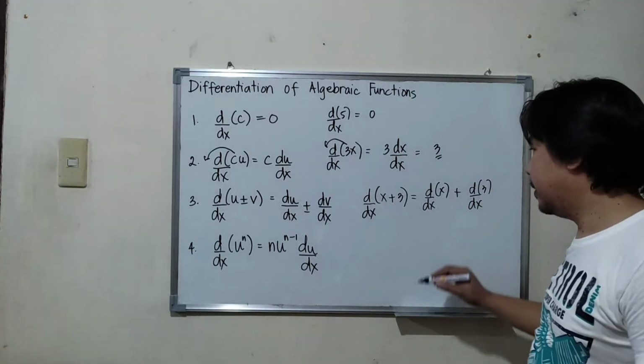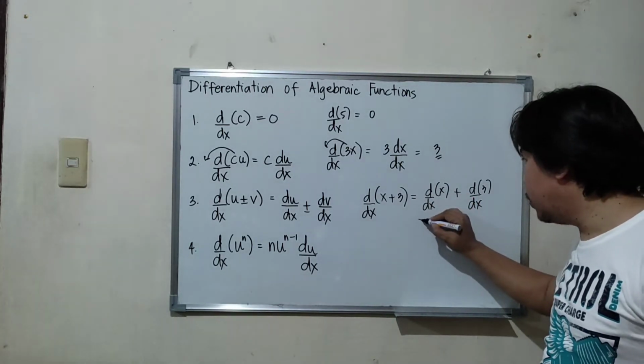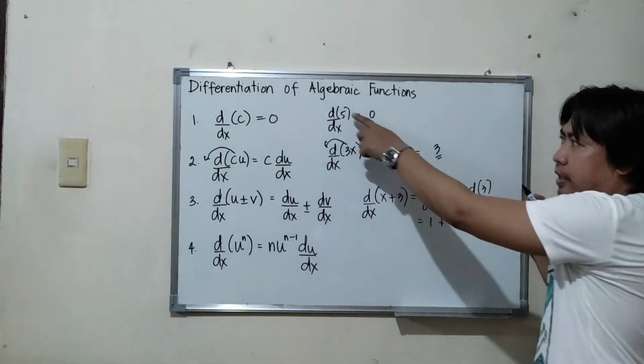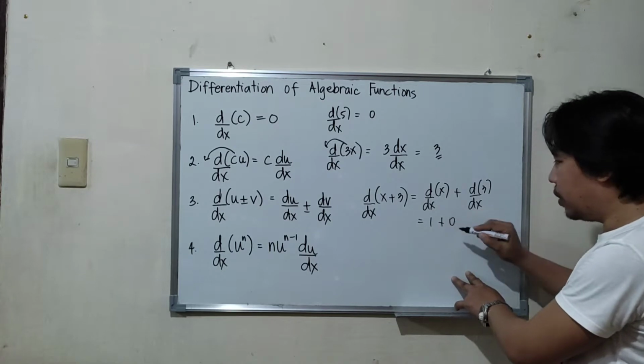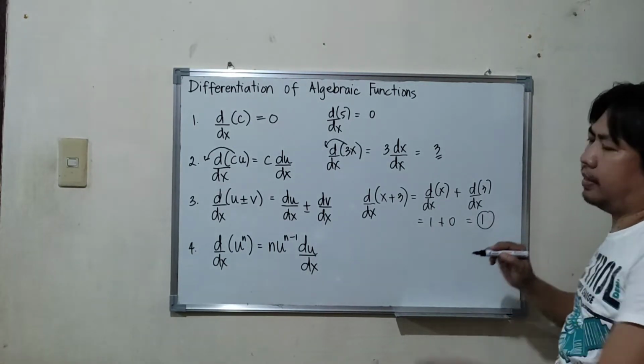Okay? So that is equal to dx over dx. So this is equal to 1. Then plus derivative of 3, so that is constant with respect to x, is equal to 0. So therefore, final answer, 1 plus 0, so the answer is 1.